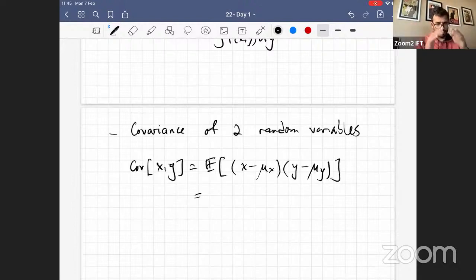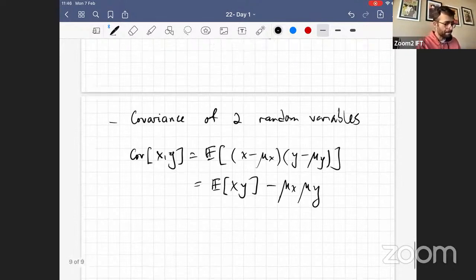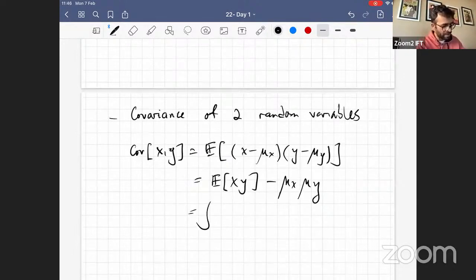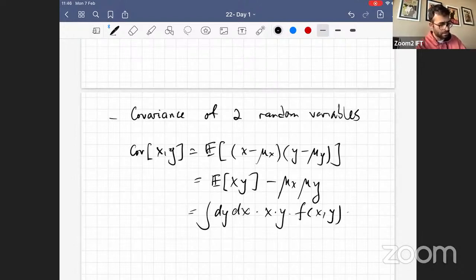If you develop the product, you open it and then you get the expectation of x times y minus mu of x, mu of y. And then you see that this is the generalization of the expression that I was writing before. Just to be clear, what is this expectation? It's just the integral over the two variables of the product times the joint. Minus the same thing.